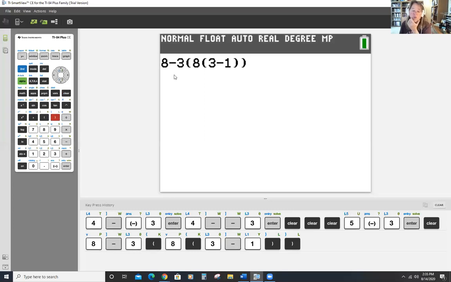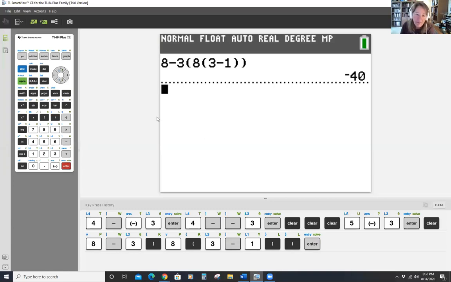The way the parentheses work is these two are nested together, so the 3 minus 1 happens first, and after that these two are nested together, and so that's the 3 minus 1 times the 8. 3 minus 1 is 2, 2 times 8 is 16, 16 times negative 3 is negative 48, 8 minus 48 you would expect to be negative 40. Let's see what we get. I did it right.